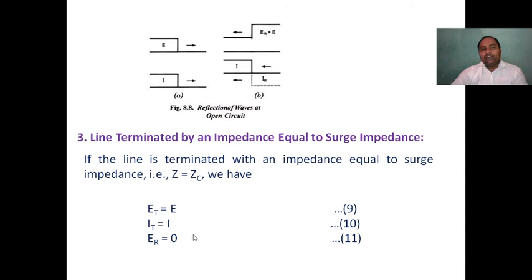There is no reflected voltage and no reflected current. If the line impedance is equal to characteristic impedance, there are no reflected voltages and reflected currents, only transmitted voltage and transmitted current.